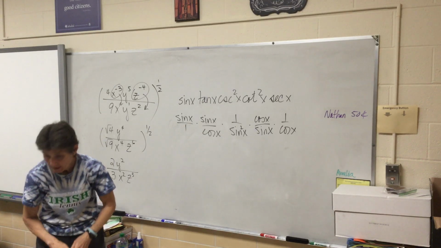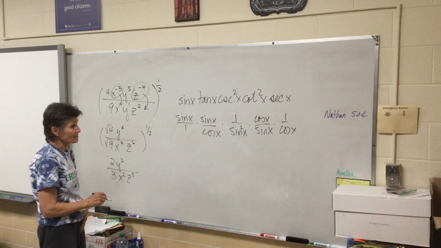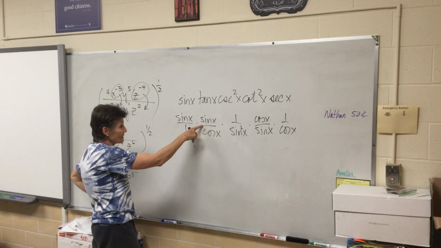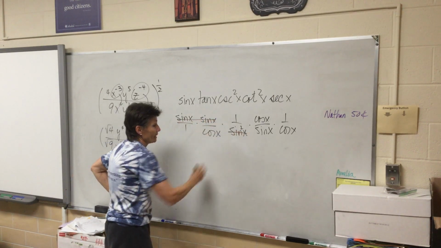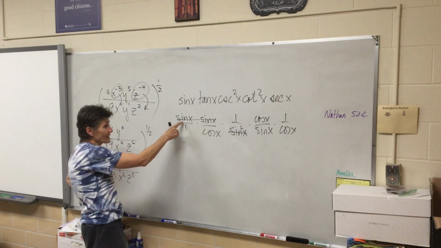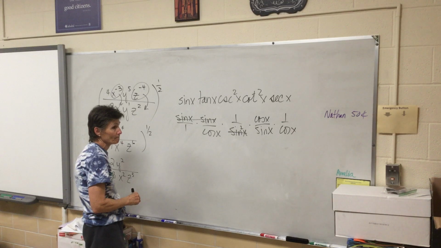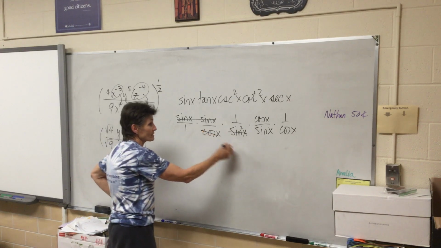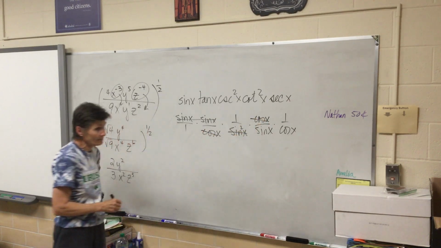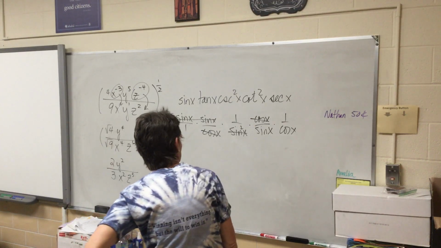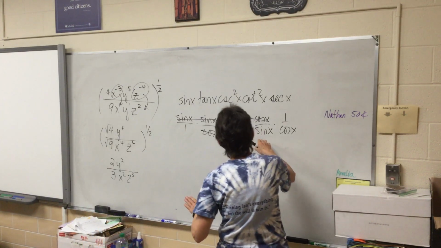Okay? Now, what cancels? We can start canceling. Now look, you have a sine times a sine and a sine squared on the bottom. So that sine squared is going to cancel that sine squared. This cosine is going to cancel that cosine. Oh, whoa, wait a minute.